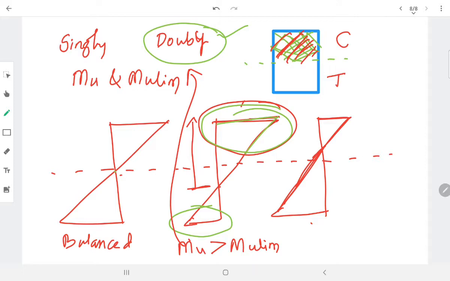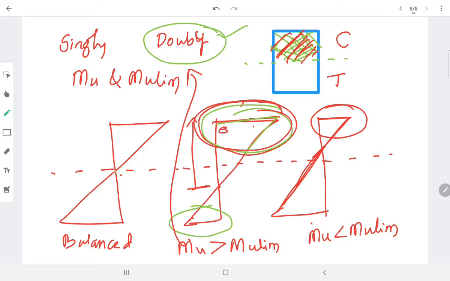In this case Mu is less than Mu limit, and no extra reinforcement needs to be provided, whereas here concrete is not capable of taking the extra stresses. That's why we will introduce reinforcement at the top. In the other condition, the concrete alone is able to resist the compressive stresses, and we'll only provide reinforcement at the bottom.